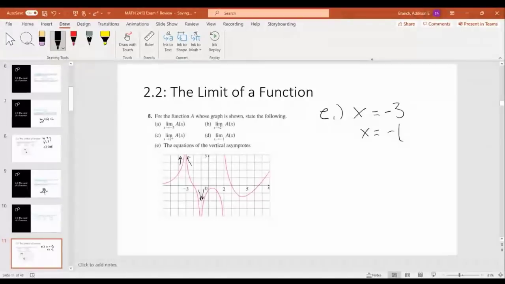Now over here at 2 is kind of interesting, because we have it going up from one direction and down from the other. Even though those don't match, that'll still be a vertical asymptote because it's still getting really large. So that'll be our last one for this graph.